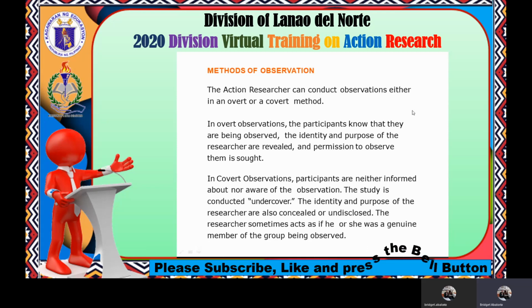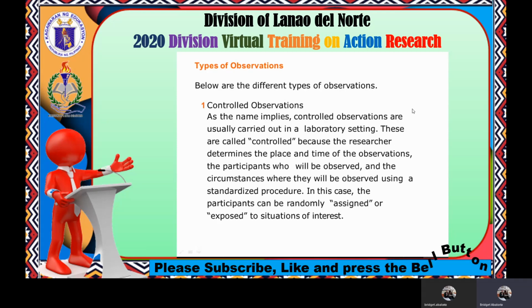Okay, there are types of observations. The first one is the controlled observations. As the name implies, controlled observations are usually carried out in a laboratory setting. These are called controlled because the researcher determines the place, na-determine niya asa ang lugar, o kanus-a siya obserbahan.